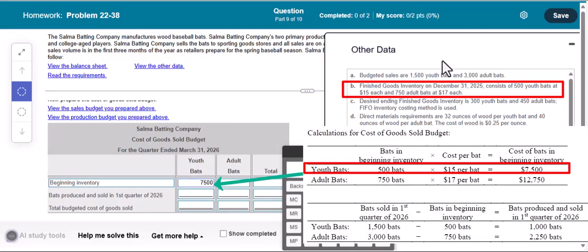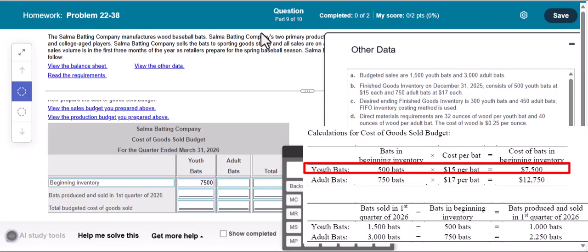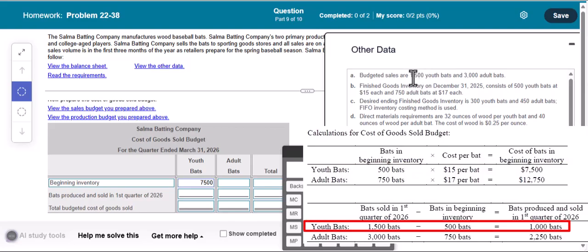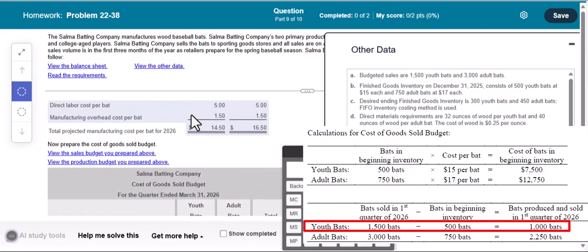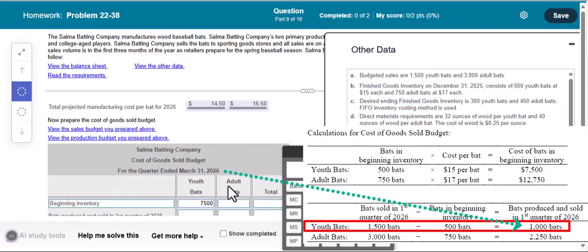But remember, we need to sell a total of 1,500 youth bats. So the first 500 is at this cost of $15 each, and that's what that is there in our beginning inventory. So we sold 500 at this layer of inventory, the $15 each, and now the rest, this 1,000 that's left over out of this 1,500, will be at the other cost here of $14.50 that we previously calculated.